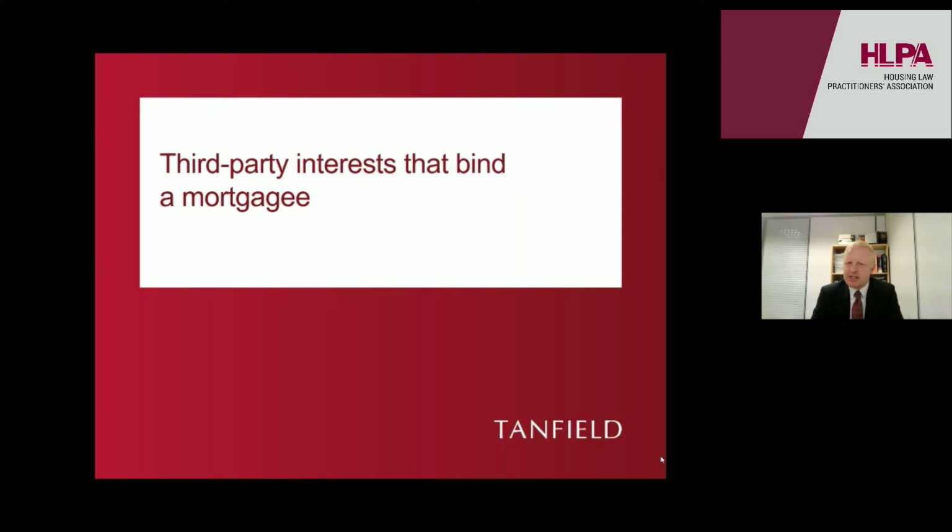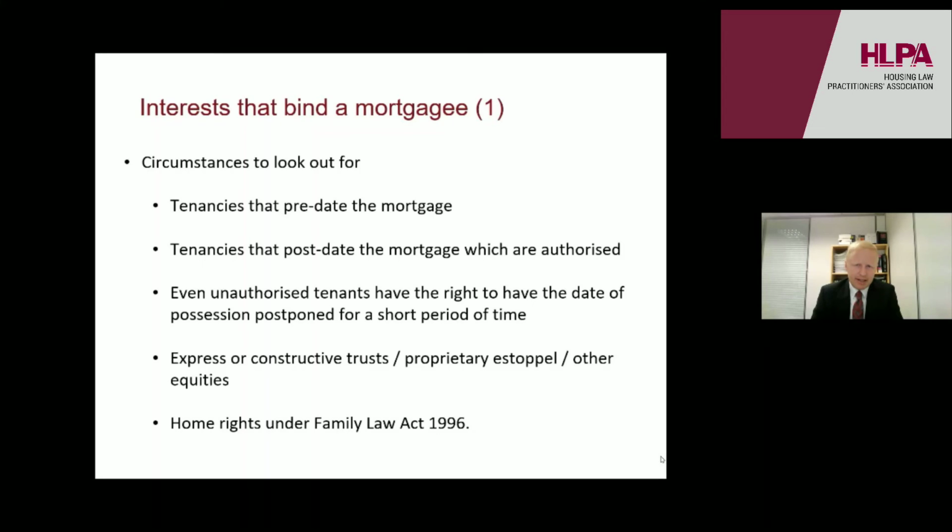So, third-party interests that bind a mortgagee. I think we've already considered these earlier. The circumstances to look out for are those on this slide. You're looking for the tenancies that generally predate the mortgage. But beyond tenancies, the most likely types of situations are where you may have a trust, whether express or constructive, whereby a third party has a beneficial interest in the property.